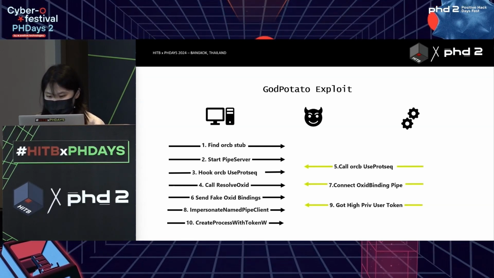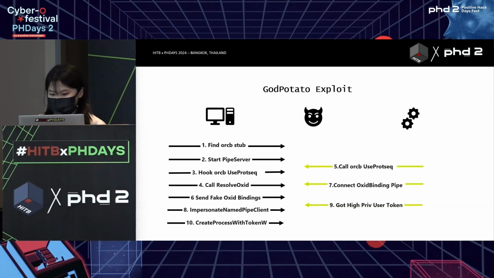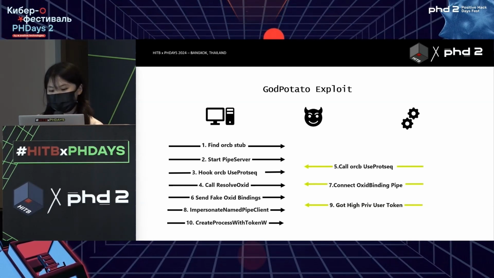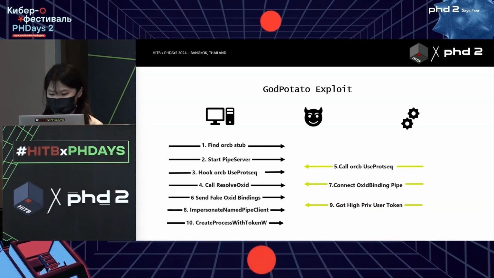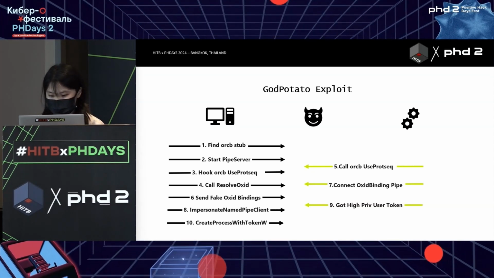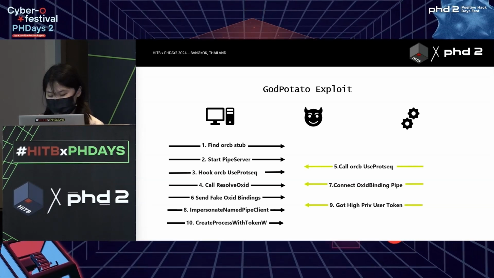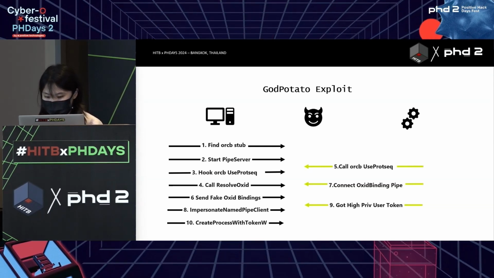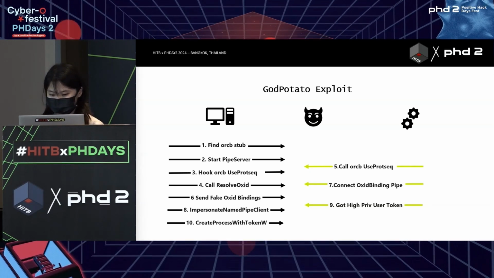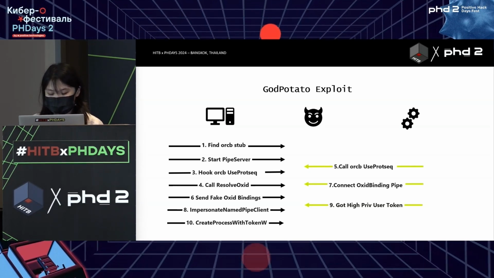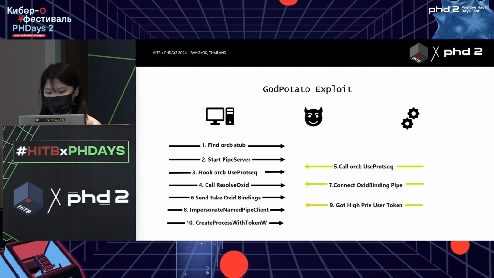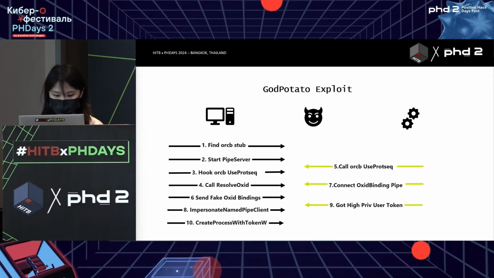Step 6, once RPCSS is invoked, we send the evil RPC named pipe address. Step 7, wait for RPCSS to connect to our evil named pipe. Step 8, once RPCSS connects to our evil pipe, we call ImpersonateNamedPipeClient to impersonate it. Step 9 and 10, obtain the token of the high privilege account and create a process.